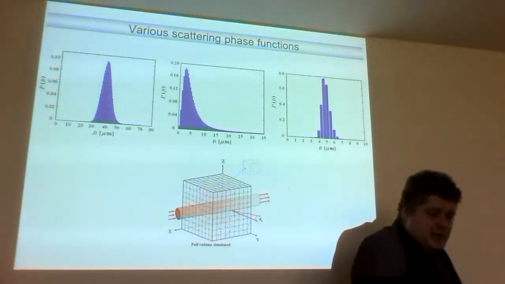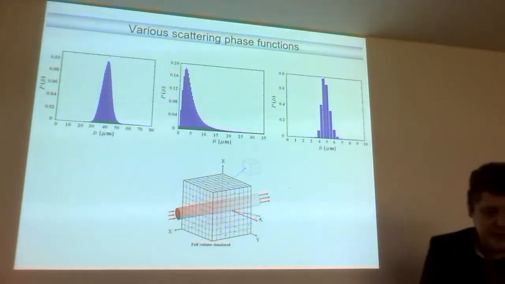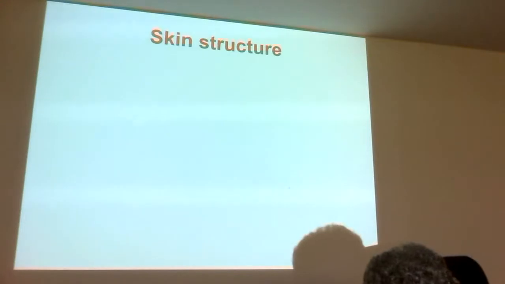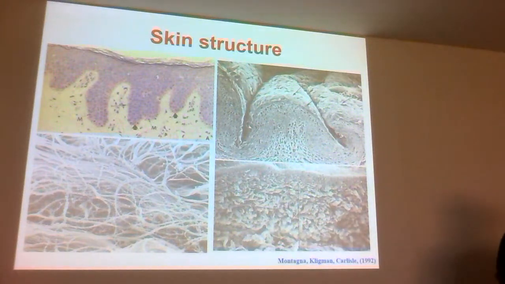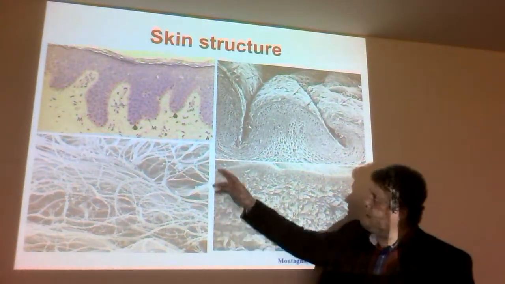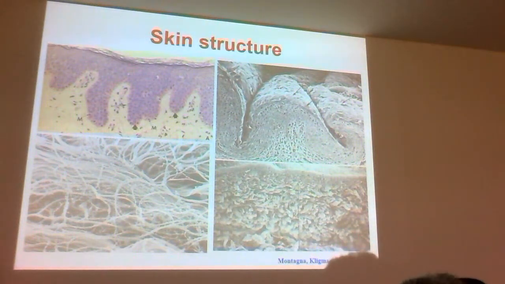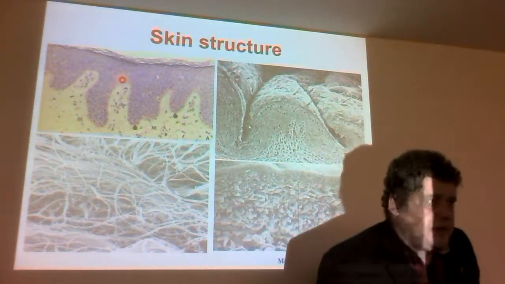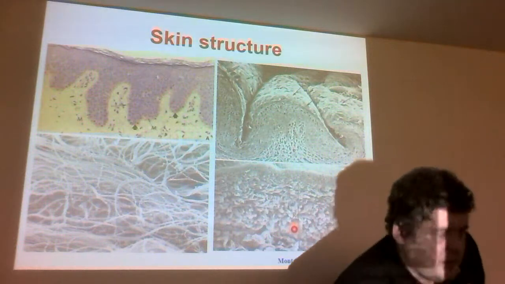Okay, but in our case, we mostly focus on studies of human skin and how light propagates through it. If we consider the skin structure again, you see that it's very complicated. First of all, we have different layers: epidermis, and then dermis, and here we have the distribution of melanin and collagen within the rest of the dermis.